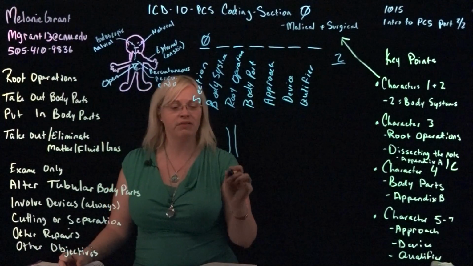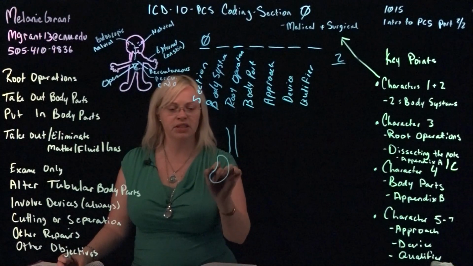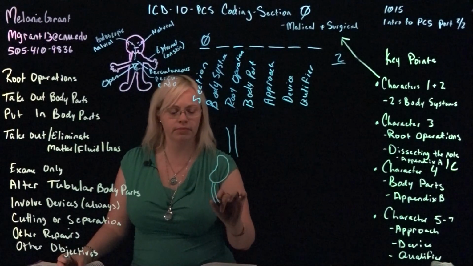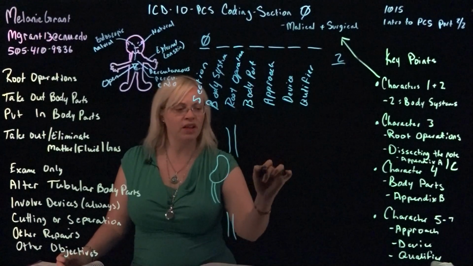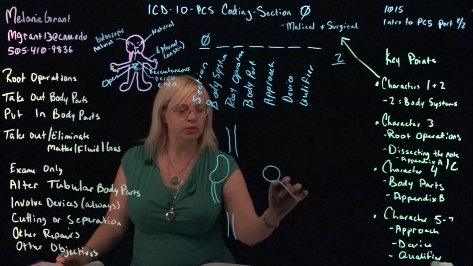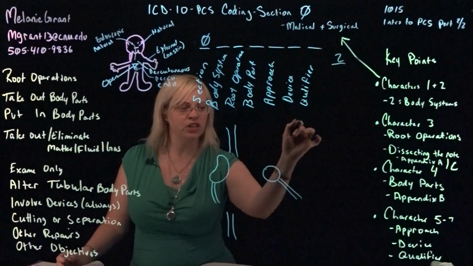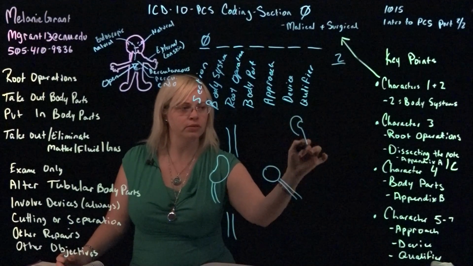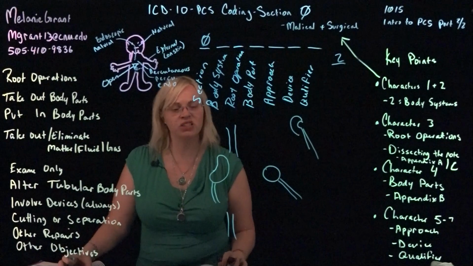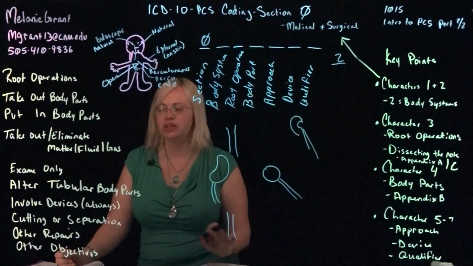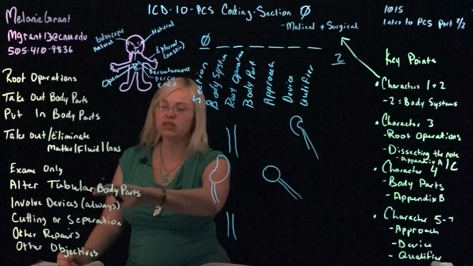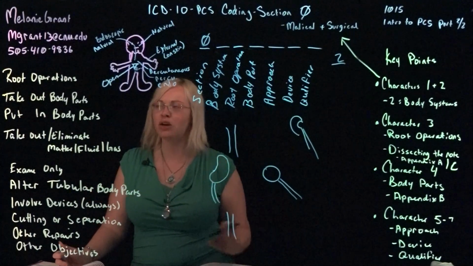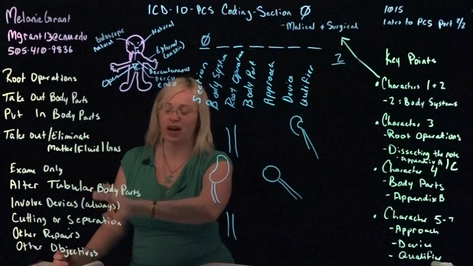But also keep in mind various different areas, such as your ureters, as well as the urethra, as well as fallopian tubes or eustachian tubes. Anything that has a tubular body part is going to be found to have very specific root operations within this group and should not be coded with root operations in other areas.